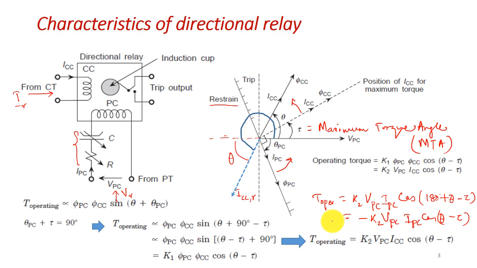So it is producing a negative torque, which will restrain. Wherever the current phasor lies in this zone, the torque will be negative and the relay will restrain, so this region is known as the restraining zone. Whatever current phasor lies in the trip region produces a positive torque, and therefore it is the trip region.